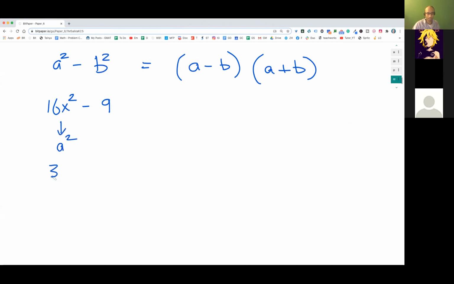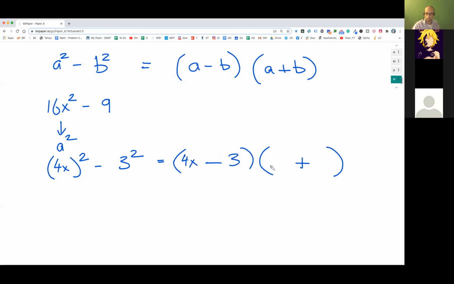So you can write this as (4x) squared, and 9 you can write as 3 squared. You put a minus sign here. So you've got this minus this, this plus this. What do you think it's going to be? It's going to be (4x minus 3)(4x plus 3). So that's how you can break this down.